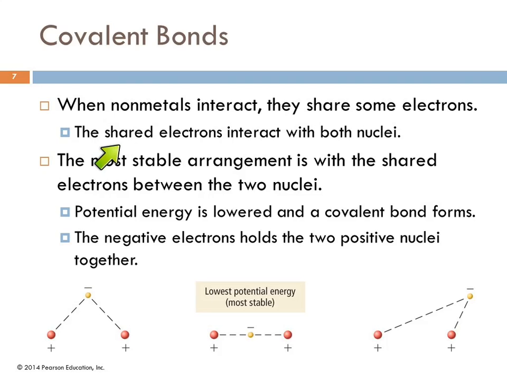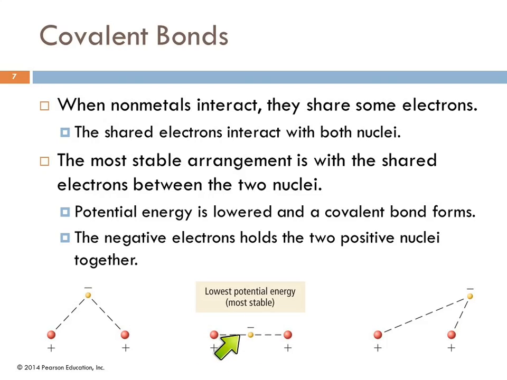And those shared electrons will interact with both nuclei. So the electrons between the atoms are shared, and there's an attraction between those shared electrons and the nucleus from each atom. The most stable situation is when the shared electrons are between. And so here we have the most stable arrangement.